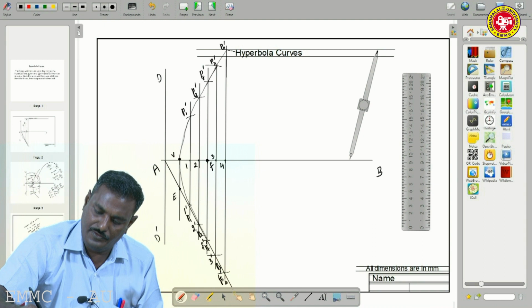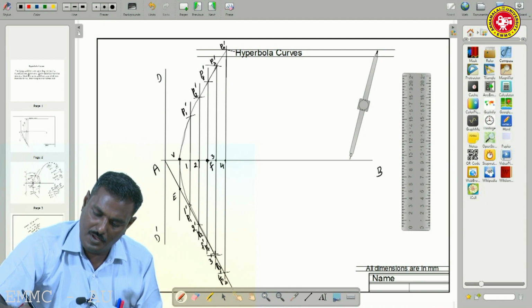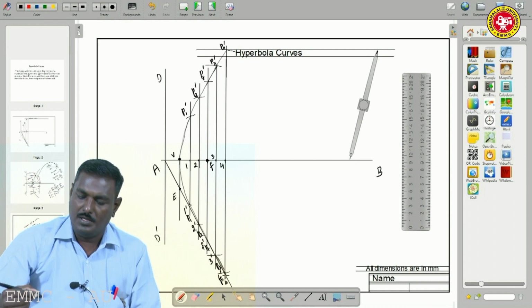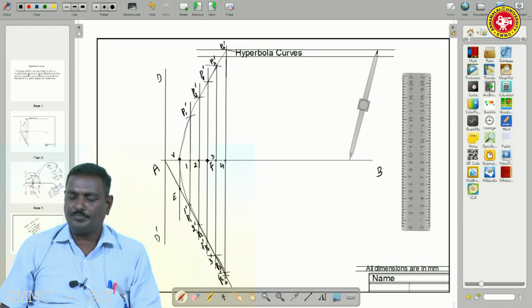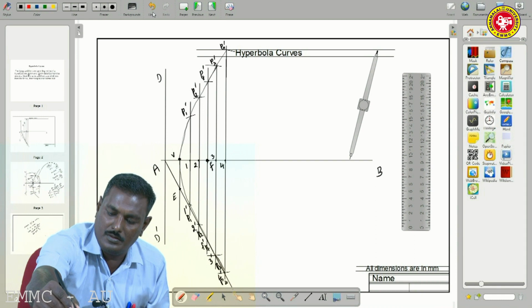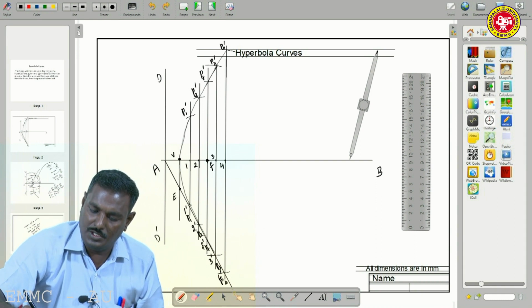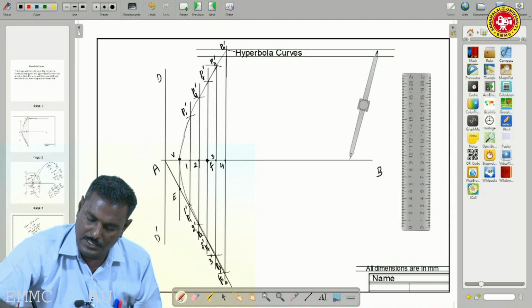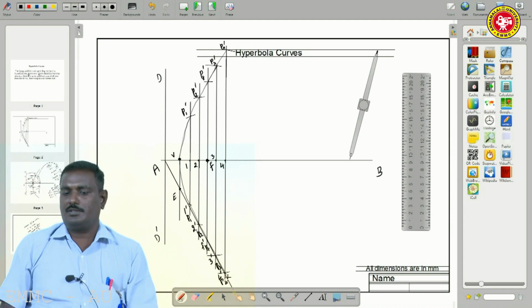This is F. It's along that. Yeah, a smooth curve along those intersect points.